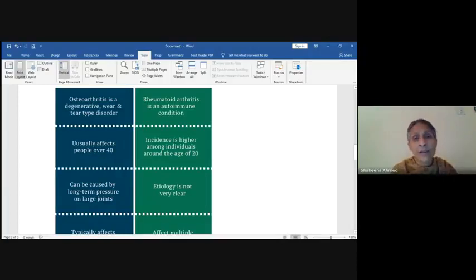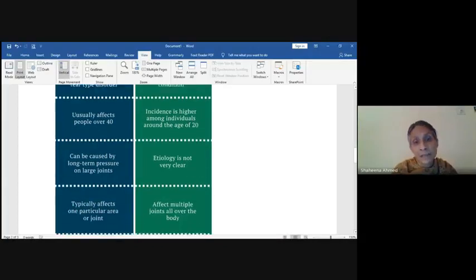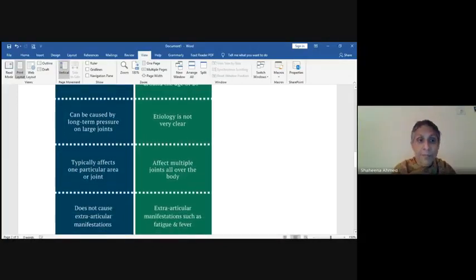Etiology of rheumatoid arthritis: because it is an autoimmune condition, we don't exactly know what the basic etiology is which governs rheumatoid arthritis. Whereas where osteoarthritis is concerned, we can definitely see that long-term pressure on large joints is the main etiology, because degenerative disease, wear and tear, these are the words which immediately tell you what is happening to the joints.